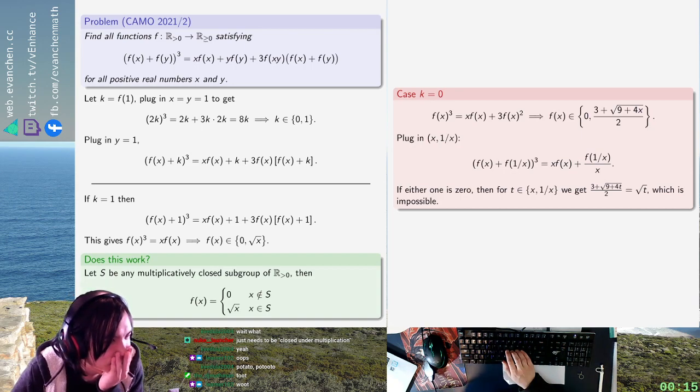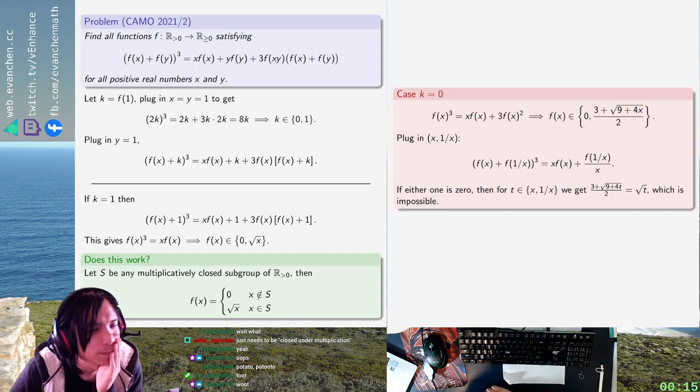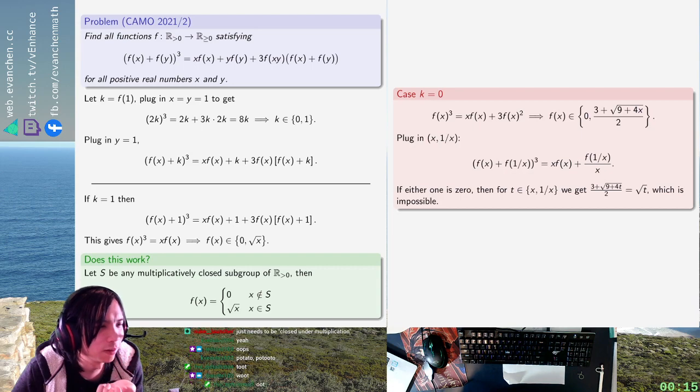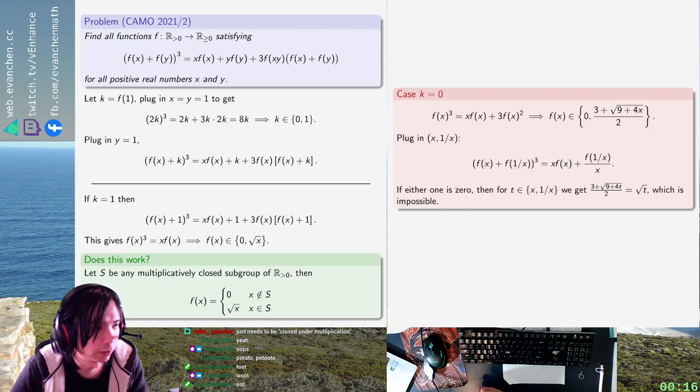Like, okay, f of 1 is 0. Can I not force... Should I just plug it in? It is a finite case check. Like, this will get it 0 at all but finitely many values. But I feel like it's so disgusting that I don't want to do it.